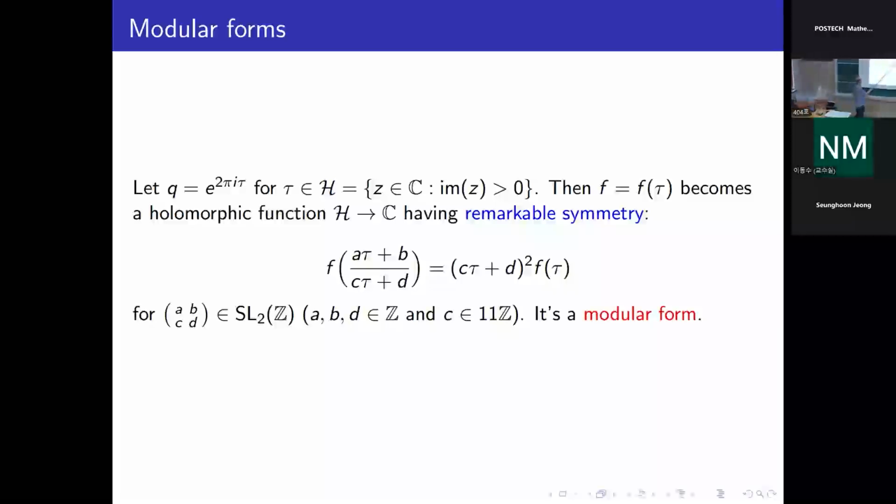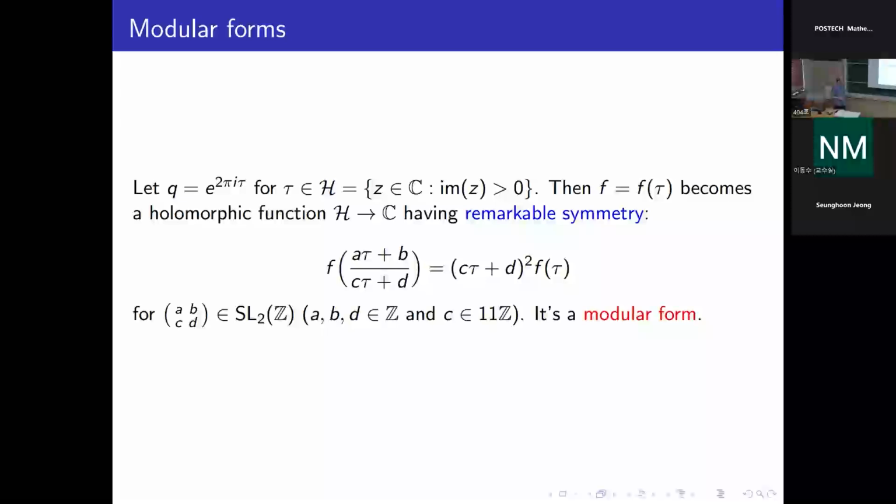Namely, whenever I take a transformation of the variable tau by a fractional linear transformation, a tau plus b over c tau plus d, where a, b, c, d lie in a certain subgroup of 2 by 2 integer matrices, namely where c is divisible by 11, then we get almost the same function back, except there's a normalizing factor.